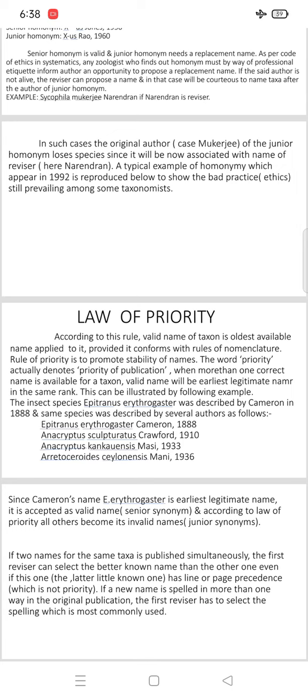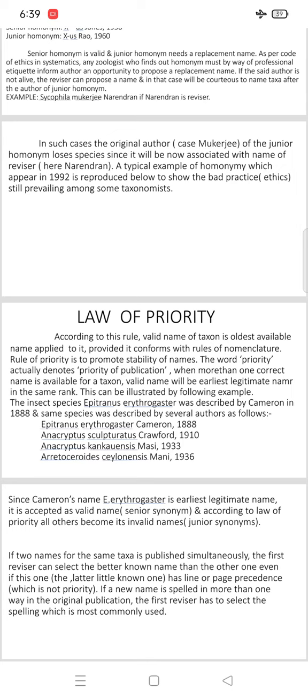When more than one correct name is available for a taxon, the valid name will be the earliest legitimate name in the same rank. This can be illustrated by the following example. The insect species Epitranus erythrogaster was described by Cameron in 1888, and the same species was described by several authors as follows.